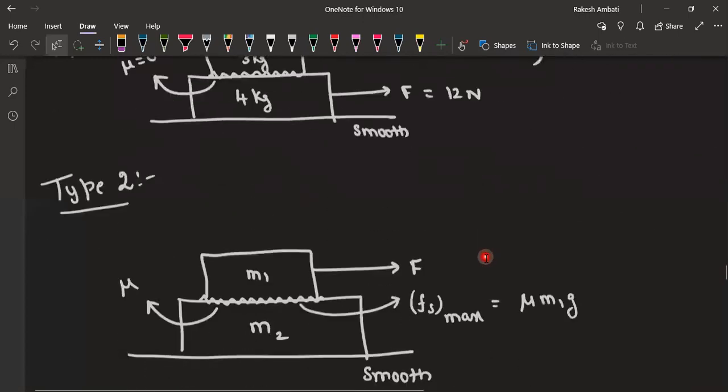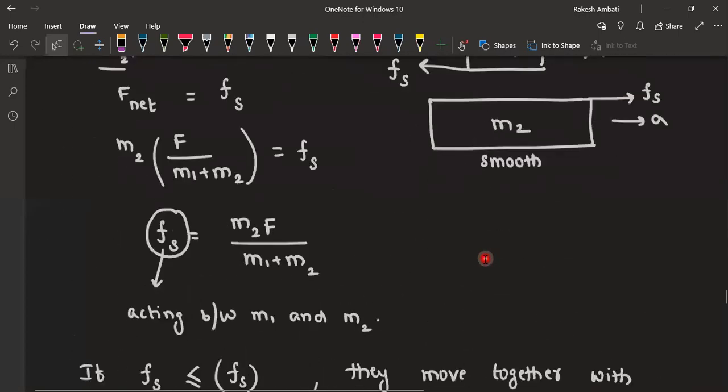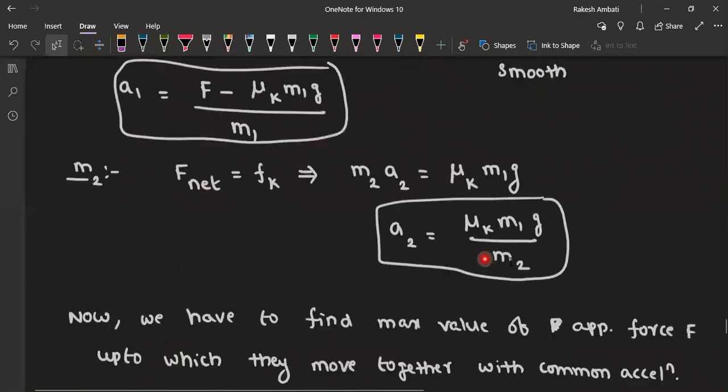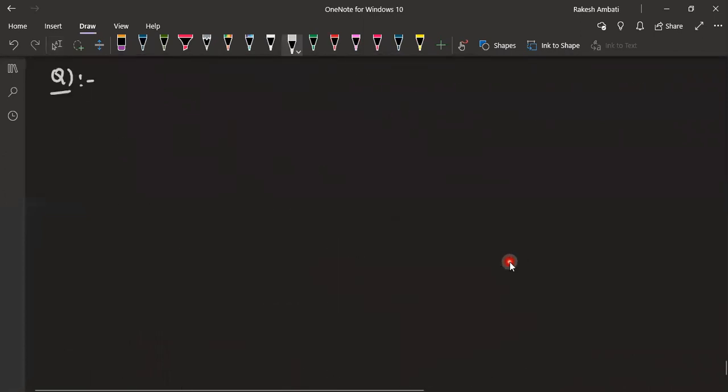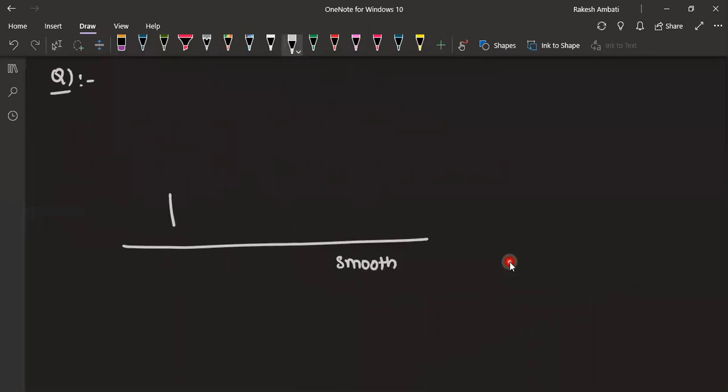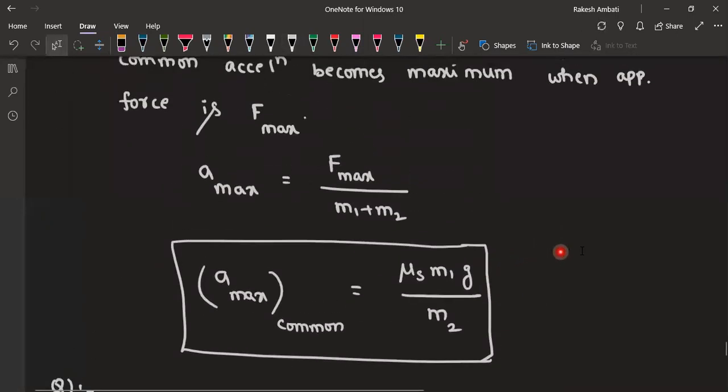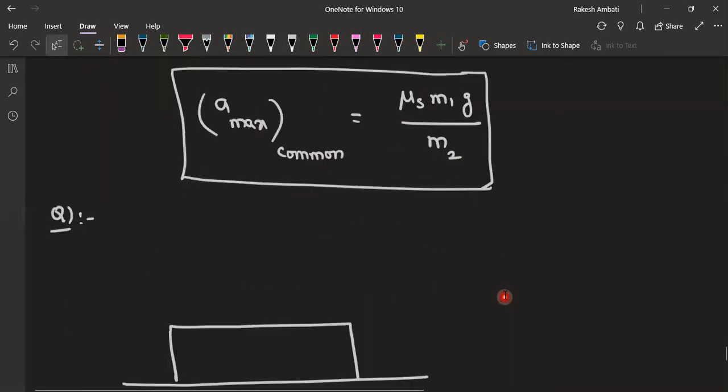Yeah, write down. Now in type 2, write down the first question. Okay, same thing. I will do 1 or 2 questions, and the rest of the questions are homework. It is a smooth surface. Sir, just for 1 second, can you show the acceleration max type 2 formula? Okay, thank you.